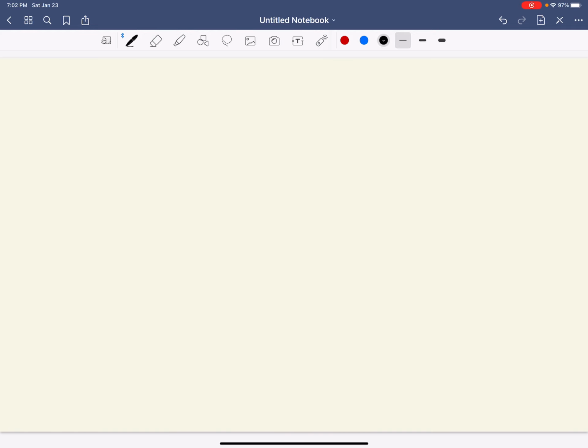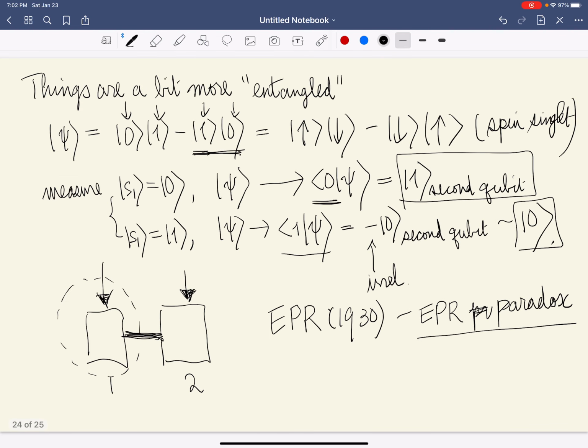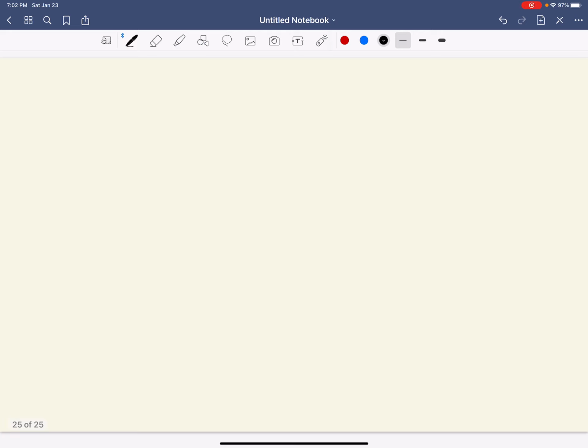Okay, so here, through this simple illustration, you can come up with a practical definition of entanglement, which is the following.